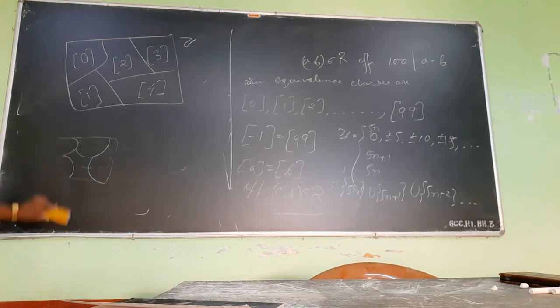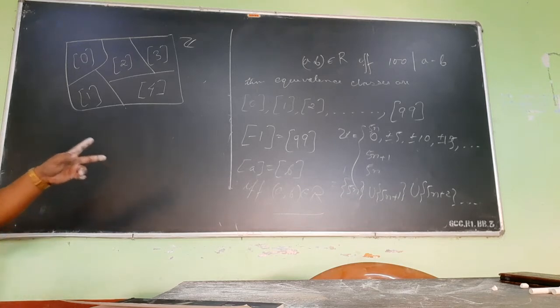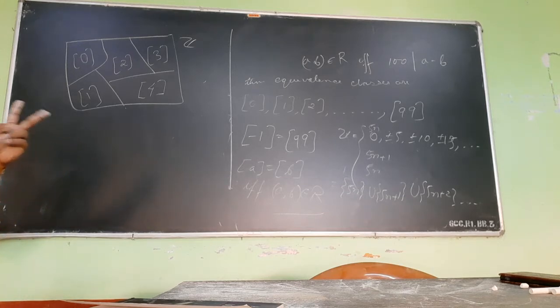So we partition the given set into several classes. In the next lecture you will see that two different equivalence classes will either be the same or be disjoint. There is nothing common between them. If there is something common, they have to be equal.